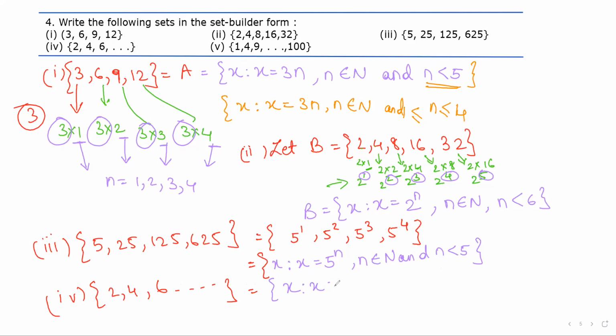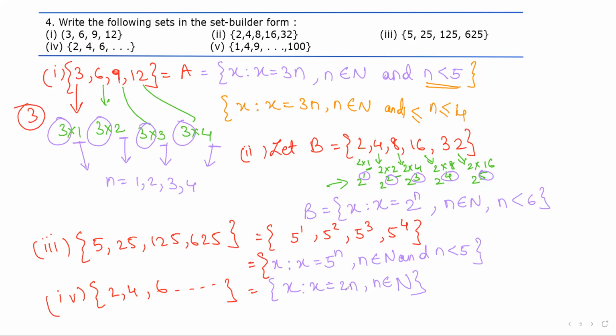In the form of symbols, it is x equals 2n, n belongs to capital N. It's a natural number and its value is 2n.